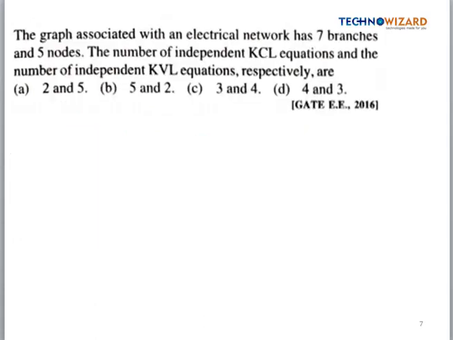This is our next question. The graph associated with an electrical network has 7 branches and 5 nodes. The number of independent KCL equations and independent KVL equations respectively are? First, the number of independent KCL equations is n minus 1, which is 5 minus 1, so 4.